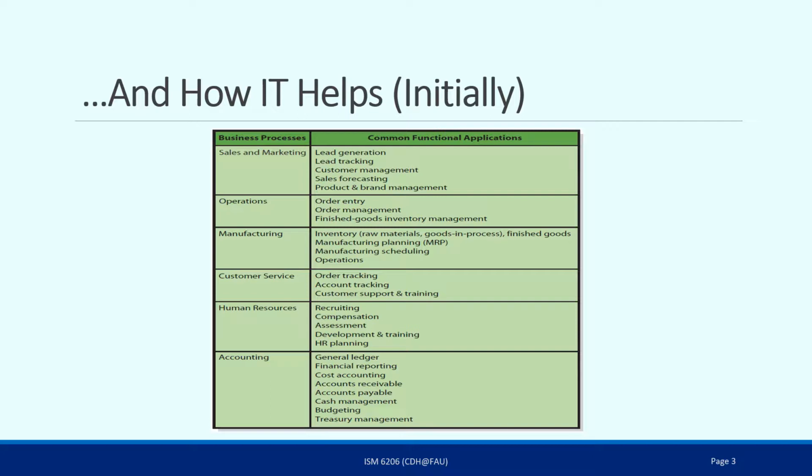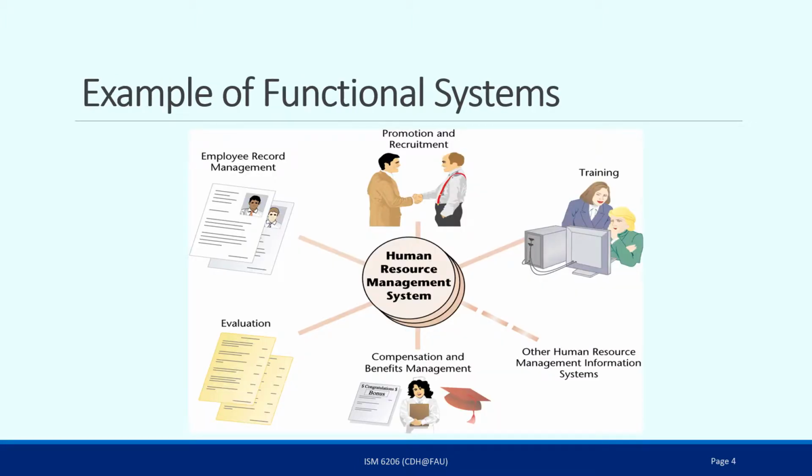So, for instance, as we go back to accounting, there's accounts receivable, accounts payable, cash management, budgeting, financial reporting, and all that. So those are the required tasks performed in the accounting department, and accounting systems are usually designed for those tasks.